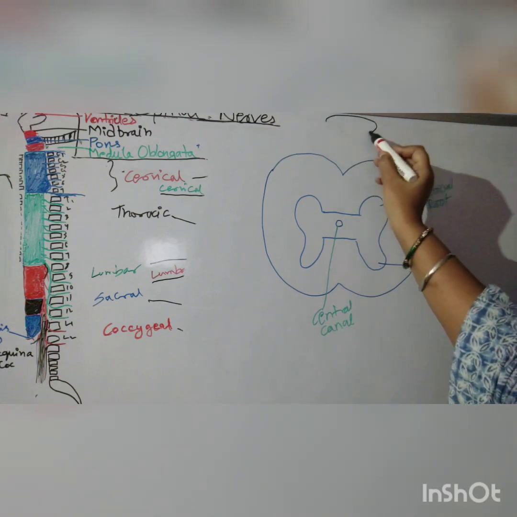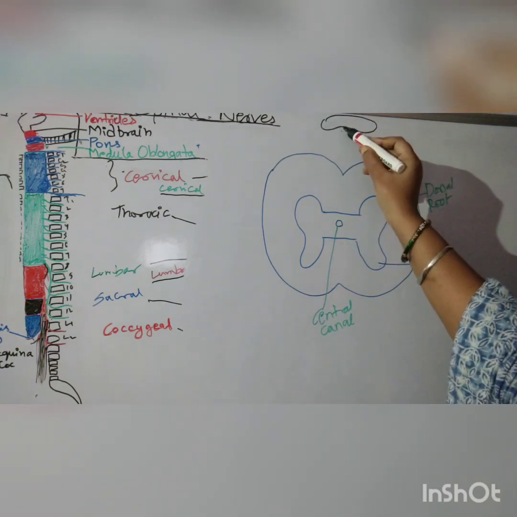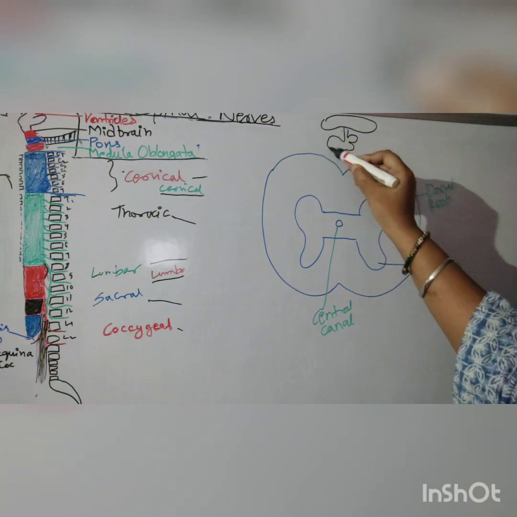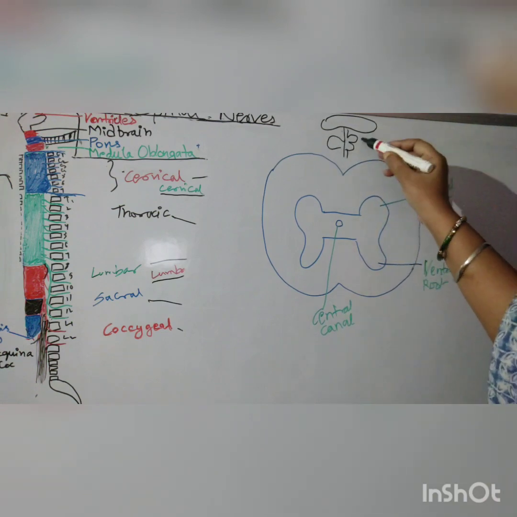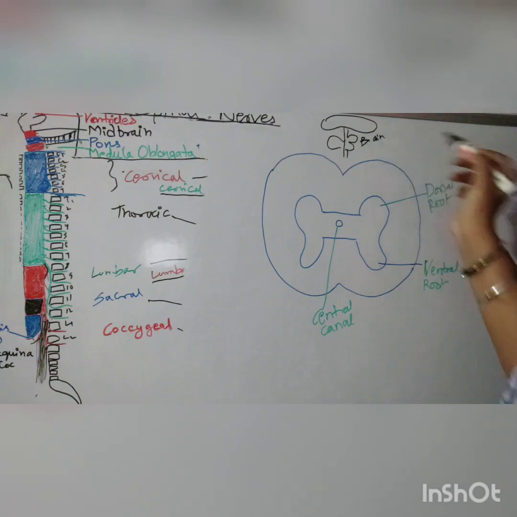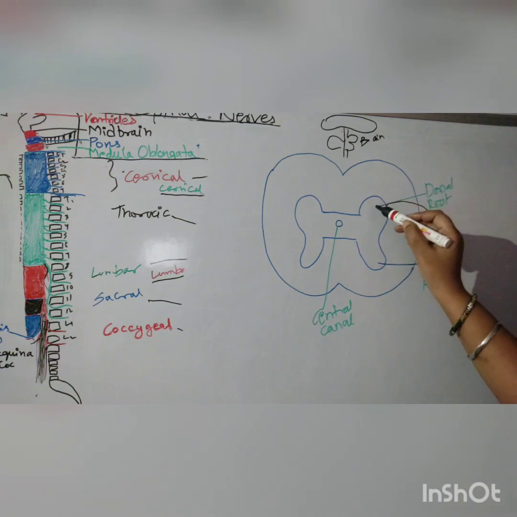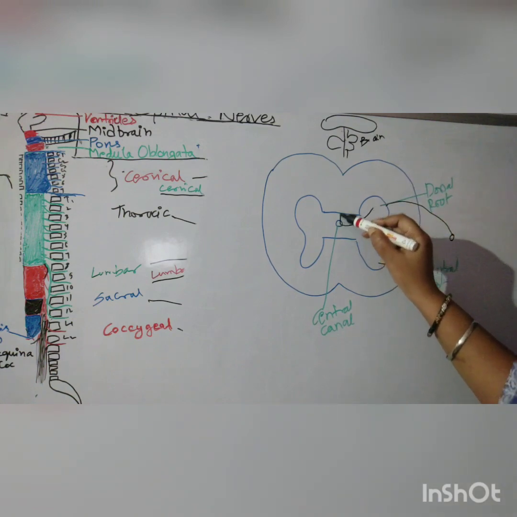Suppose this is our brain. This is our organ. The organ is sending impulses, and the impulses go through this to the brain.